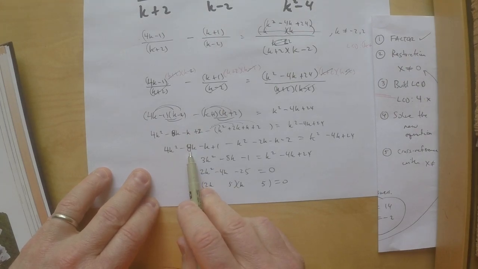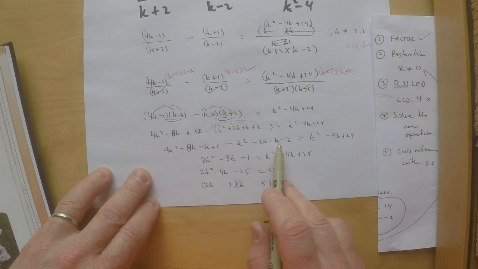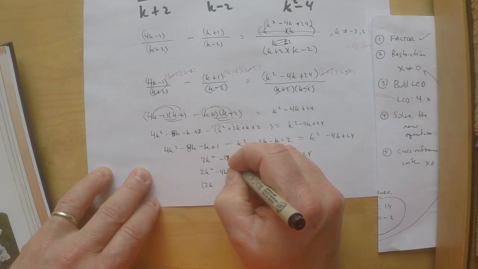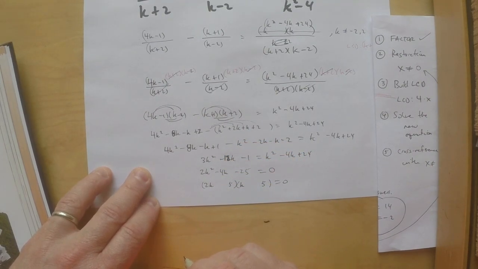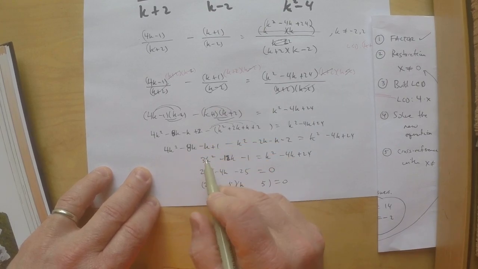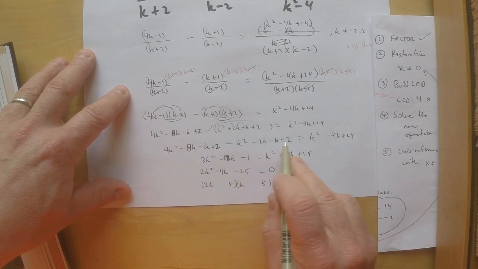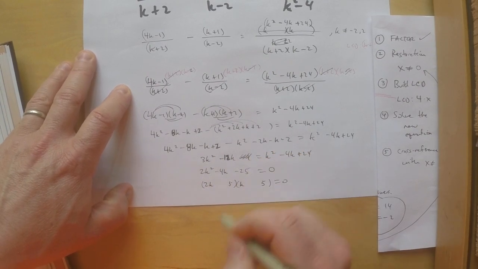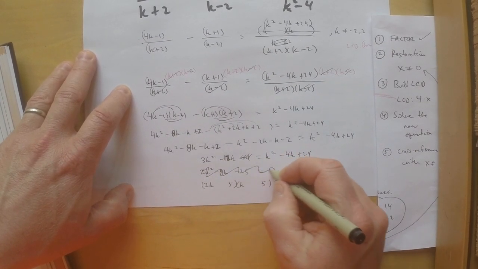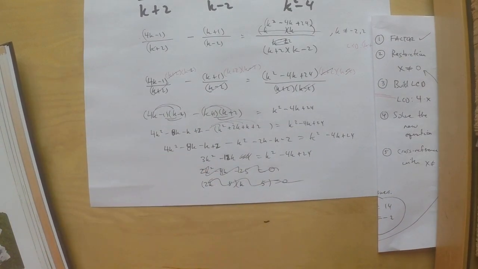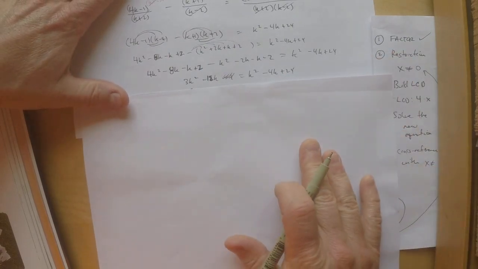This turned into a minus 12k. And then this guy here was a 2. And 2 minus 2 is 0. I almost want to start over on this one. I might have to. I'm not happy with that.